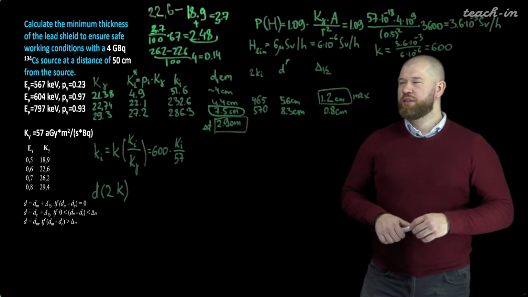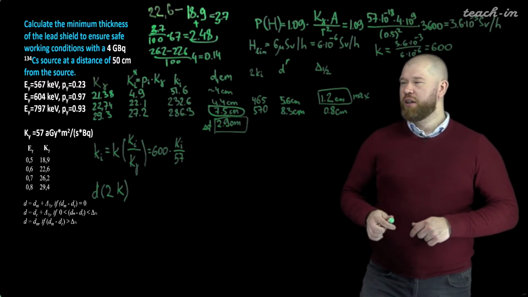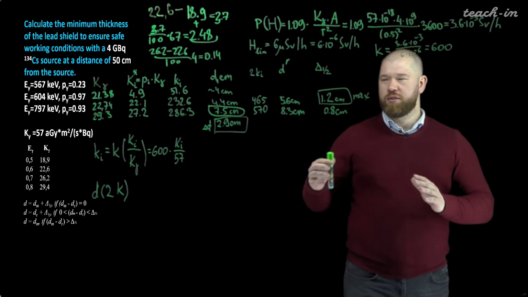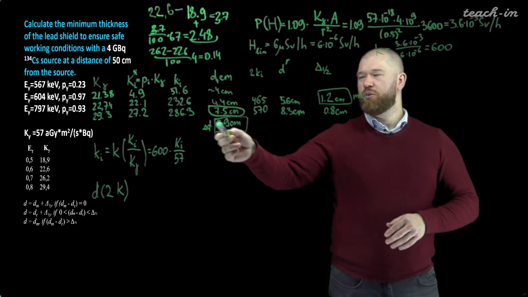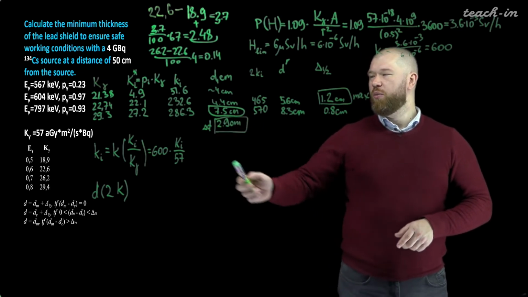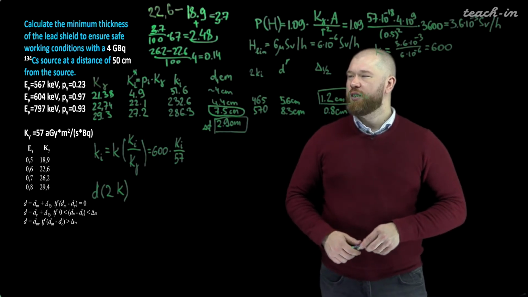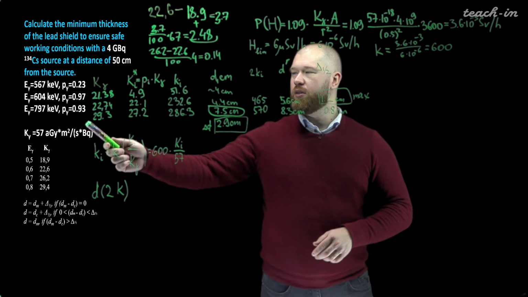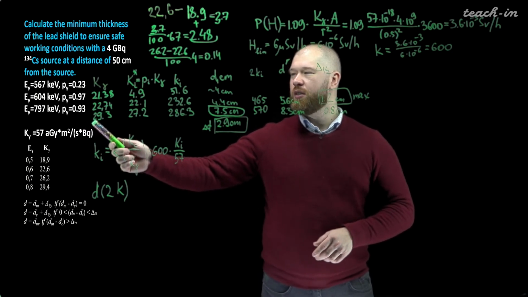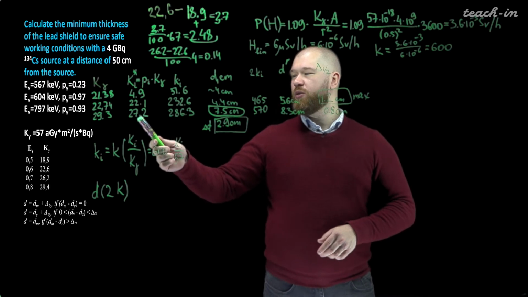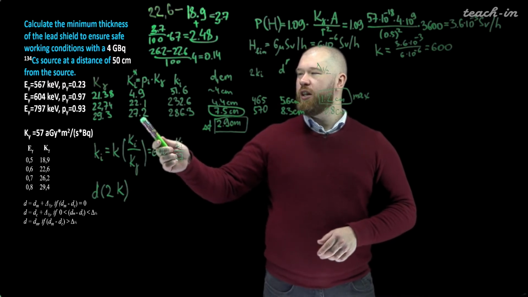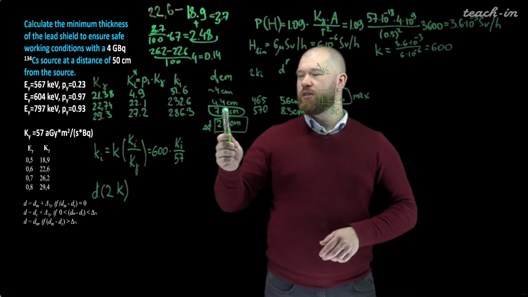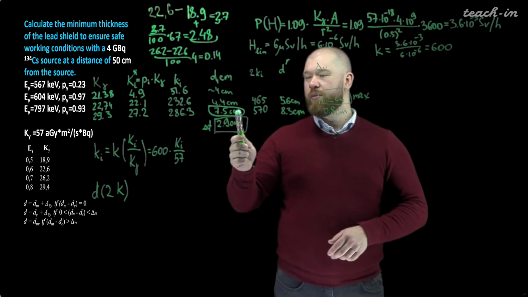It is not always the case. Then we have the thickness of the lead shielding that is simply equal to the minimization of the most energetic line. For example, if the intensity of this line would be, let's say, 10%, then the K value would be 10 times lower, and thus this thickness would be much smaller.